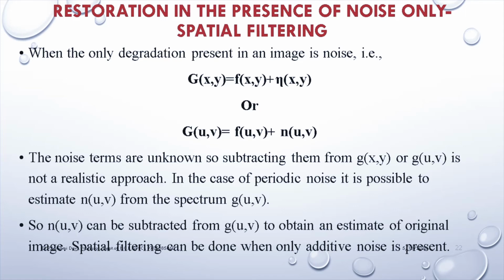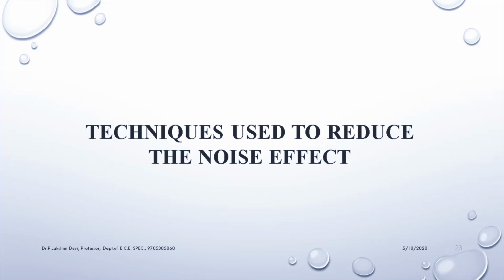If you subtract N of uv from G of uv, you will get F of uv, provided noise models give us a possibility to have N of uv.